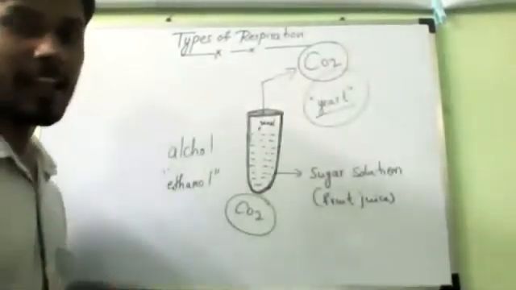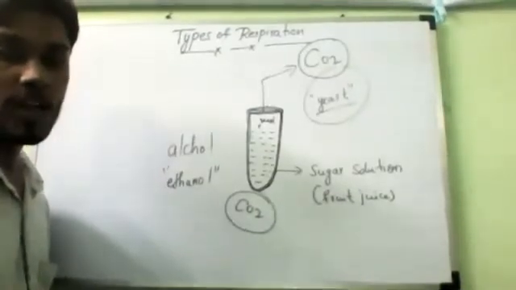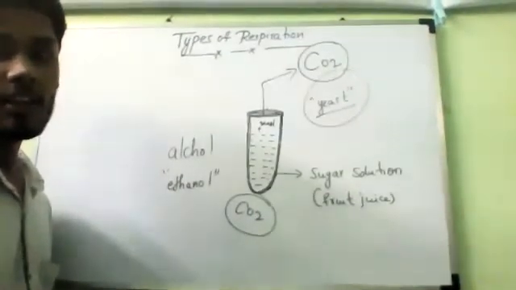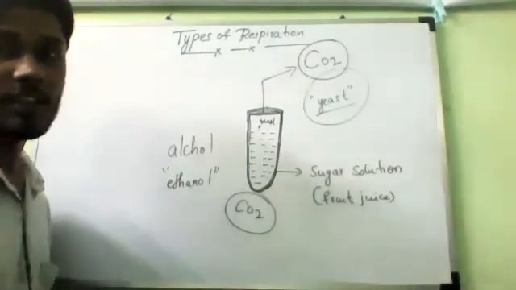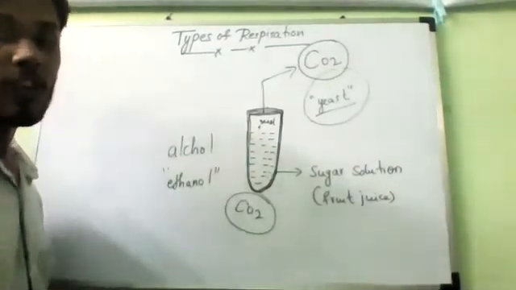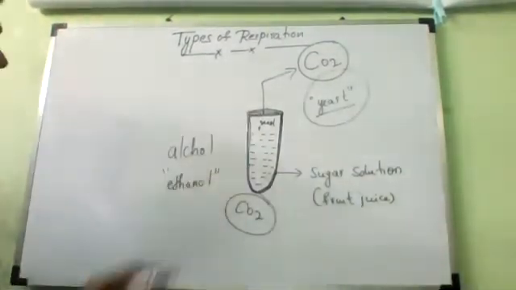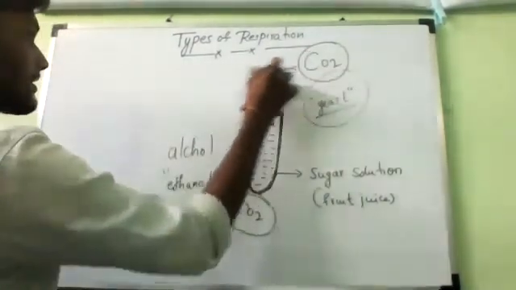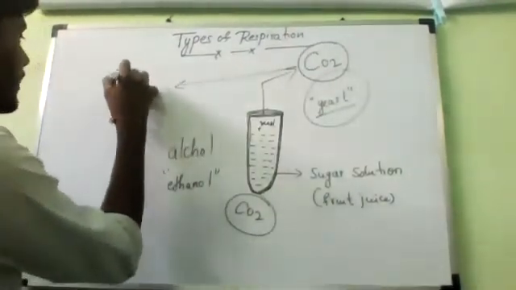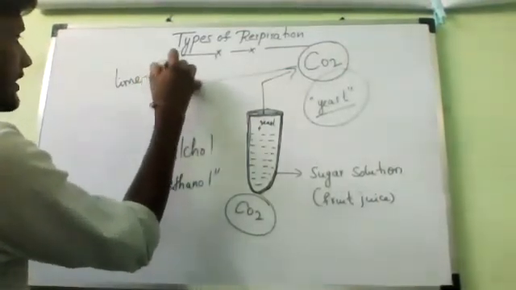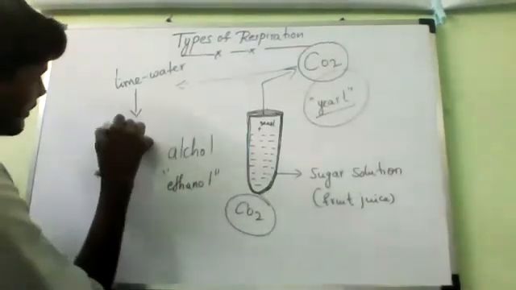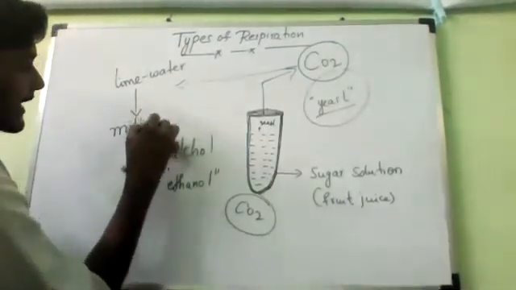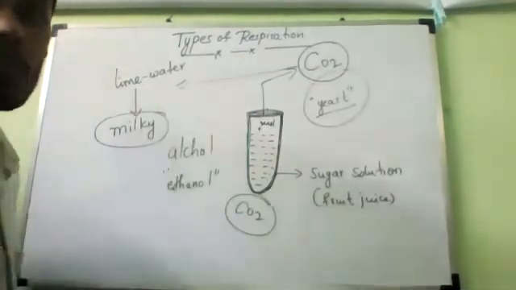Lime water. Somebody is saying that if you pass the gas through lime water, it will form a white precipitate. Kevin is saying this, and Jessie also. So if you pass this gas through lime water, the lime water will turn milky.